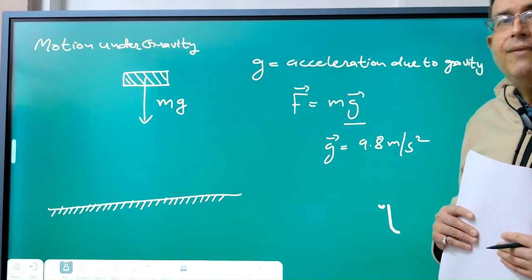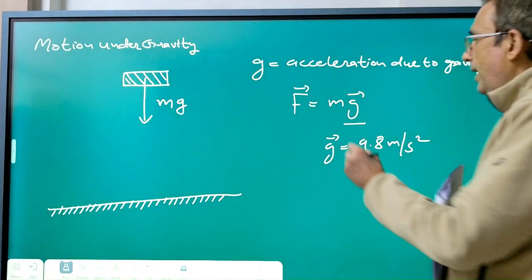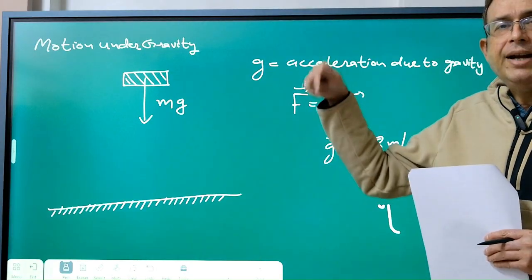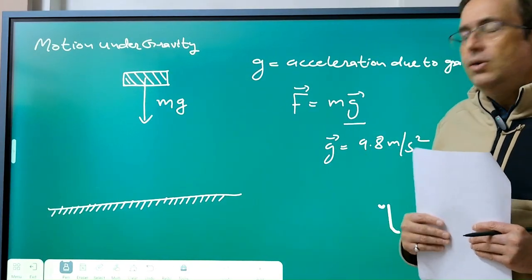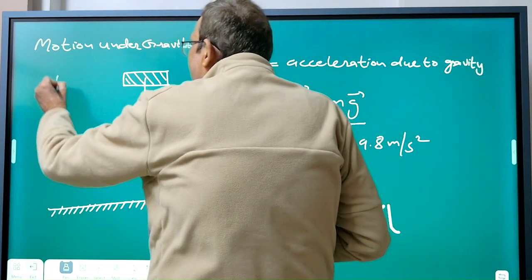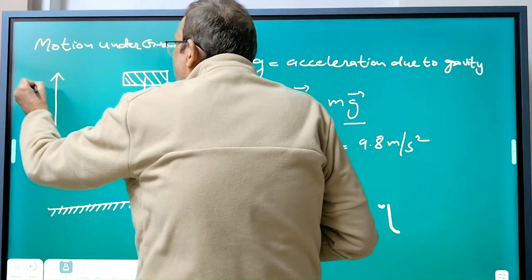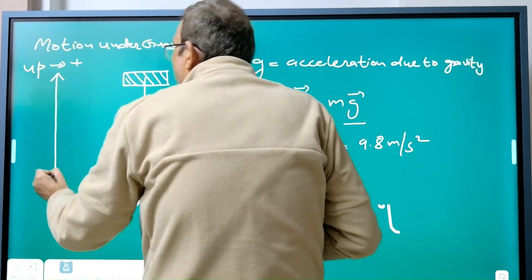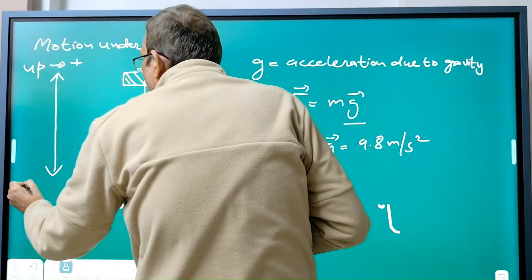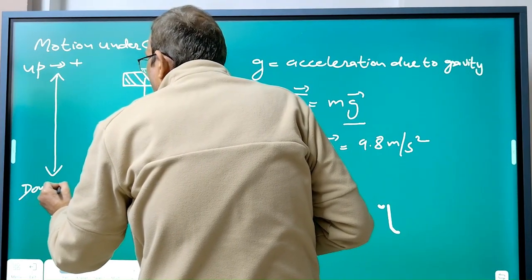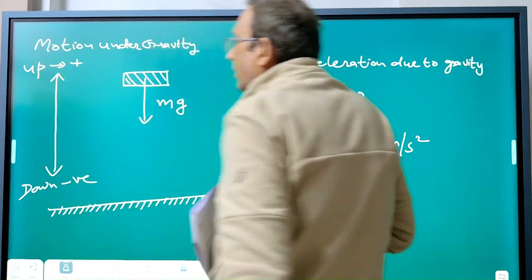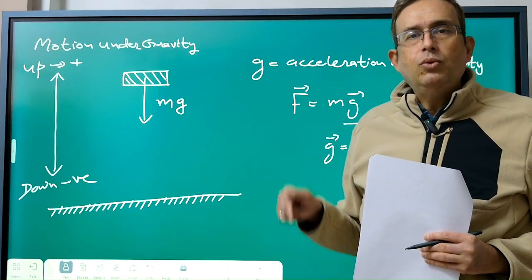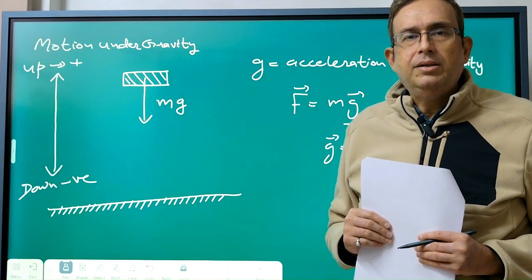So always remember the value of g is 9.8 meters per second squared, and it is always directed towards the ground, downwards. If your axis is such that you take up as positive and down as negative, then the direction of g is always down towards the center of the earth.